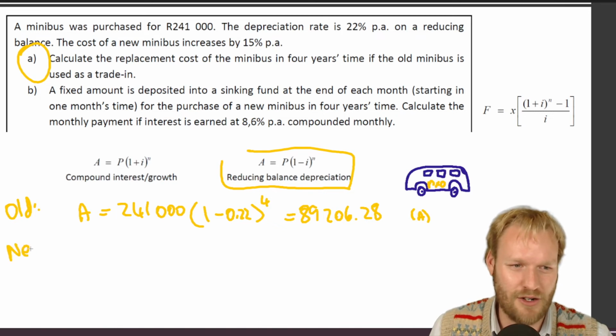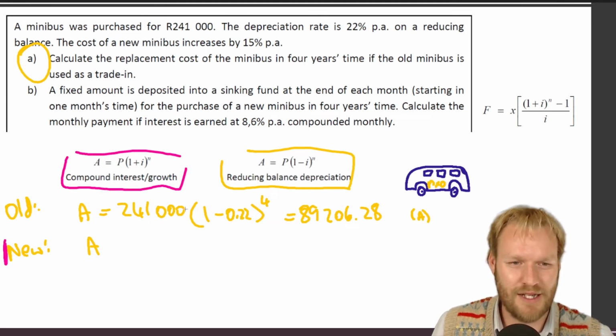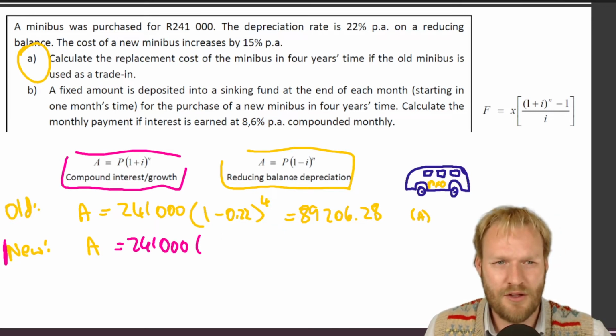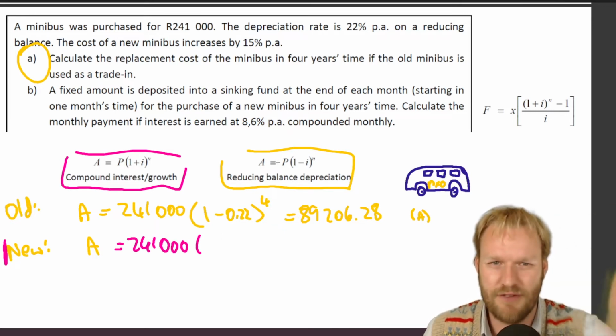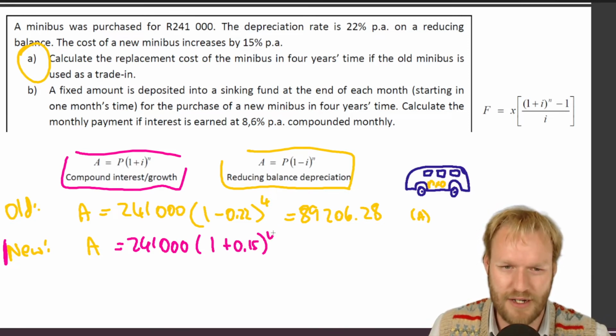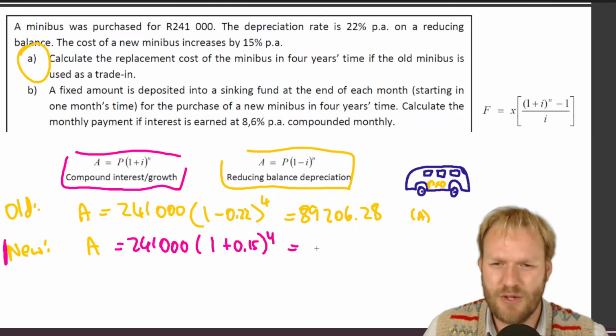And for our new one, let's do our new one in this nice pinky color. Well, that 241,000, the cost of the new minibus increases at 15% per annum. So here we're going to go 1 plus 0.15 over 4 years, so we can see what our fancy new minibus is going to cost. So 241,000 times (1 plus 0.15) to the power 4.